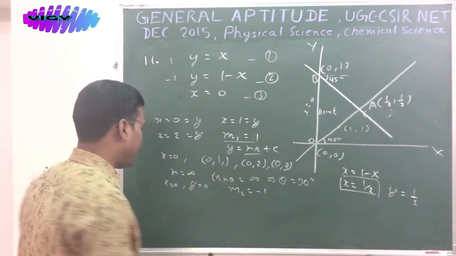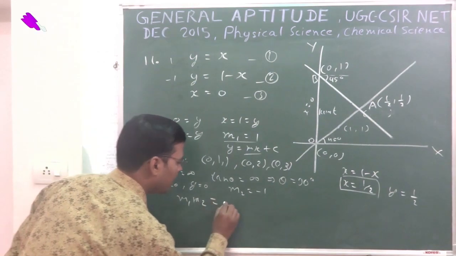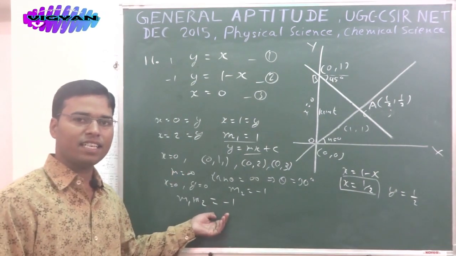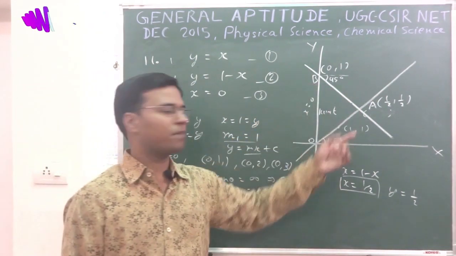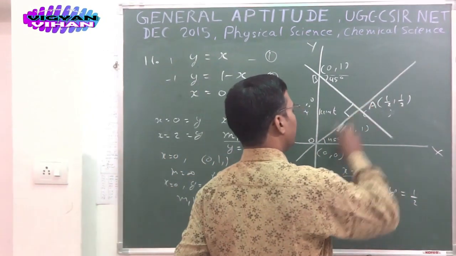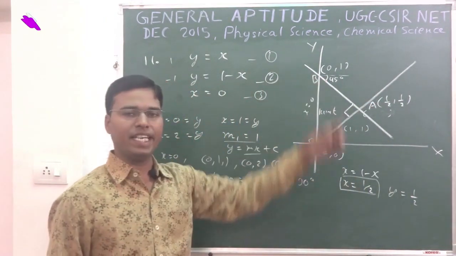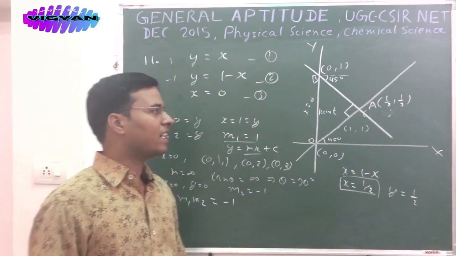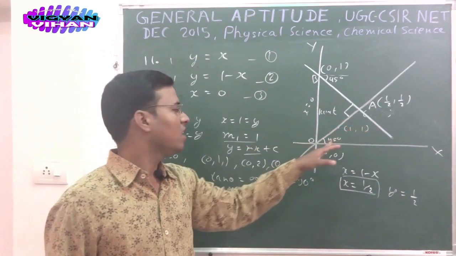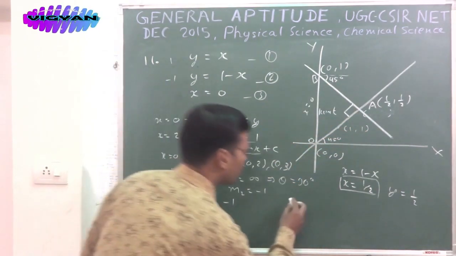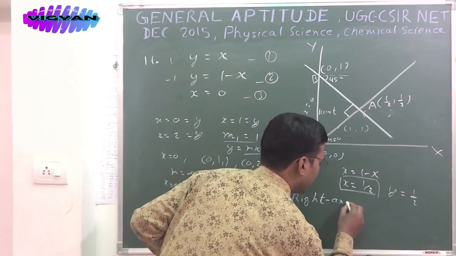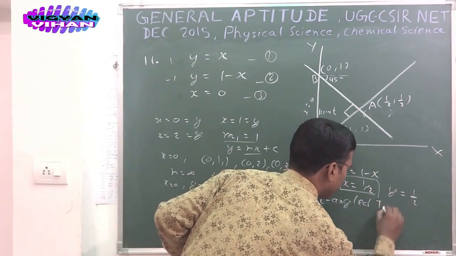If we multiply m1 and m2, we will get minus 1. In this condition, these two lines are perpendicular to each other. So the triangle OAB is a right angle triangle making a 90-degree angle at A. So yes, this triangle is a right angle triangle.